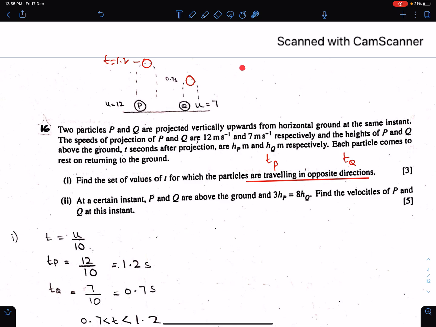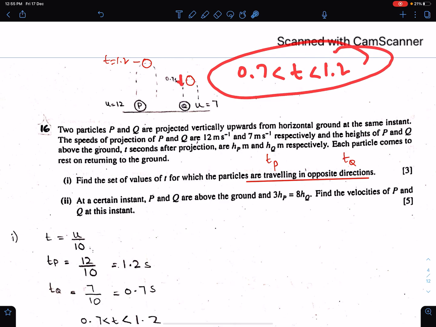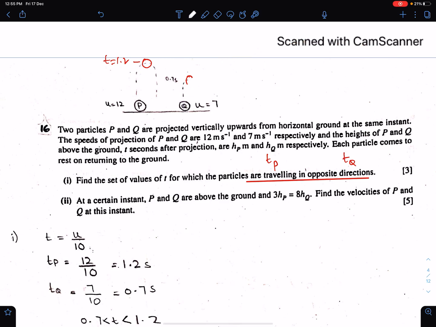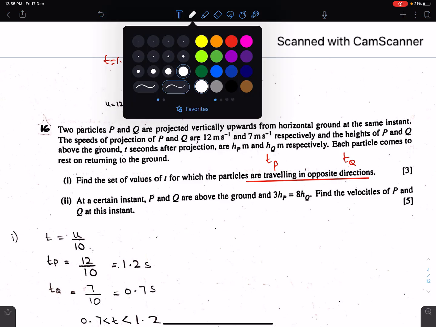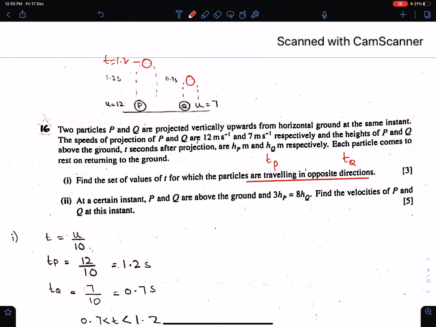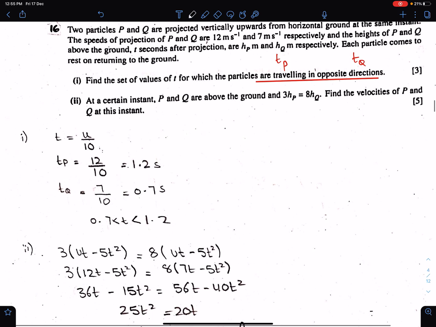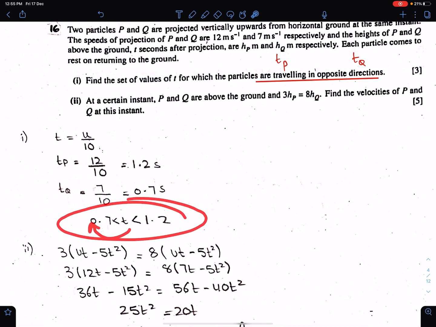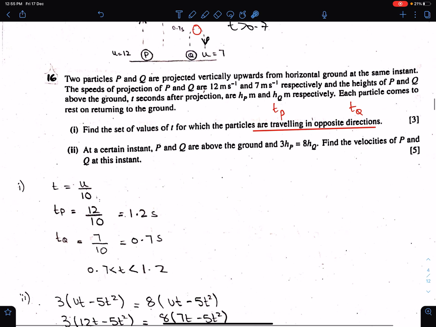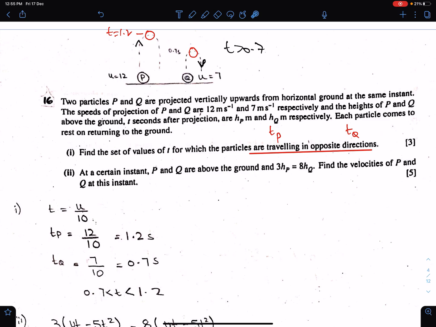So between 0.7 and 1.2, for this interval, both particles were moving in opposite directions. So the answer is t lies between 0.7 and 1.2. So this is the way to find the values of t when particles are moving in opposite directions.